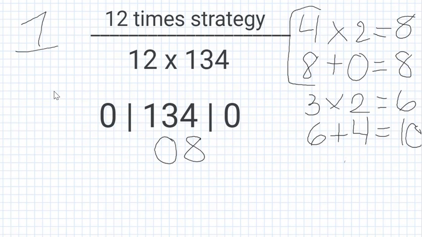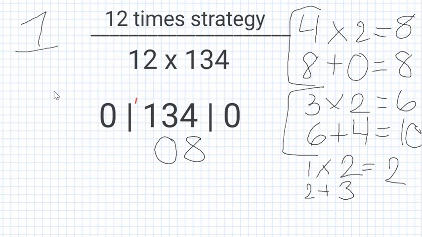So now we're just going to move on to the hundreds place, which is 1. And just like before, you're going to multiply it by 2, and you get 2. And then you're going to add it to 3, because 3 is the closest number towards the left.